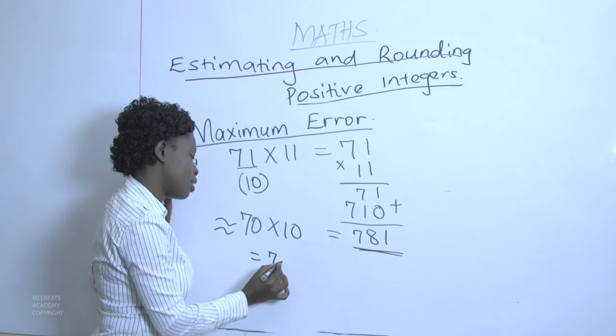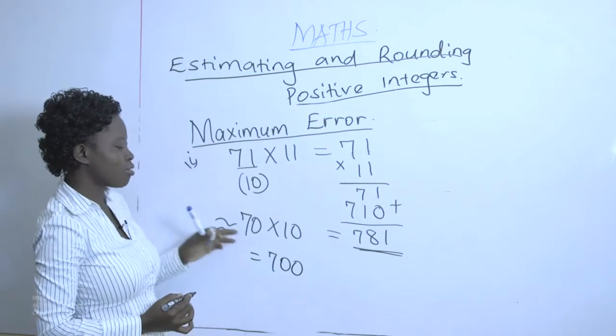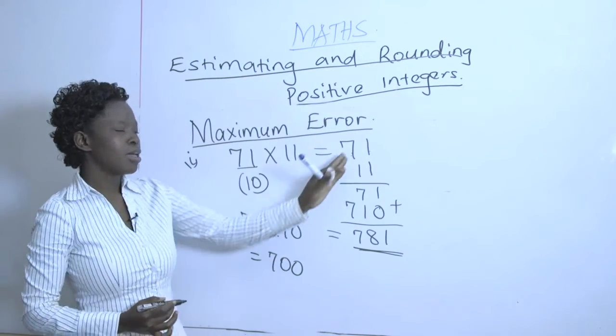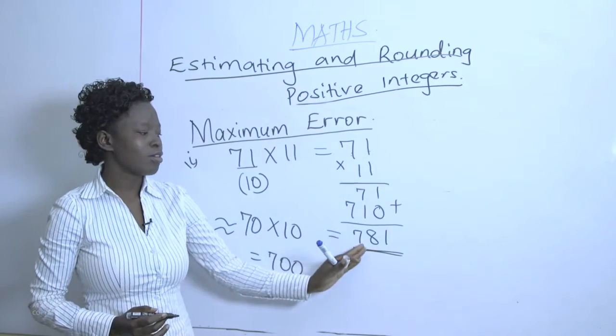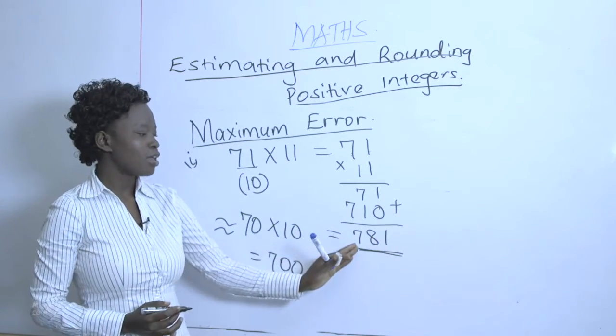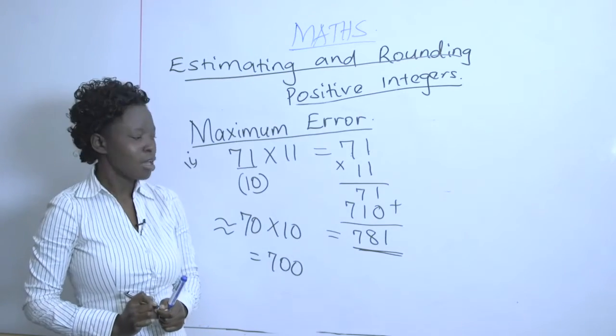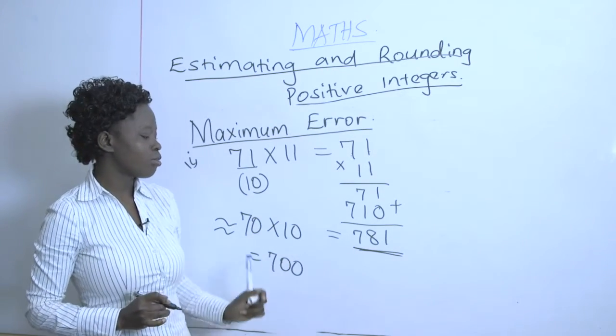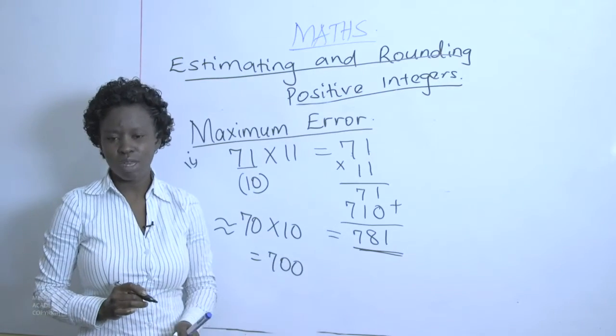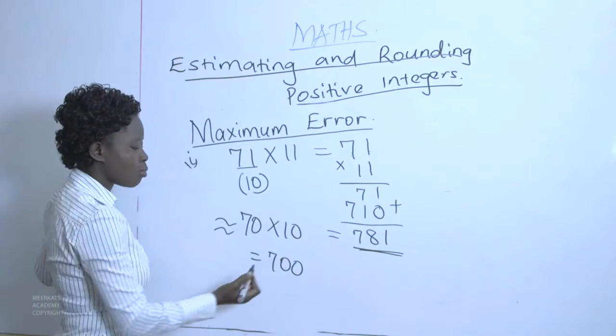gives me 700. So you discover that 70 times 10 is 700, 71 times 11 is 781. 781 and 700 are totally different numbers. So what does it mean? The difference between the two numbers that are obtained gives us the maximum error.